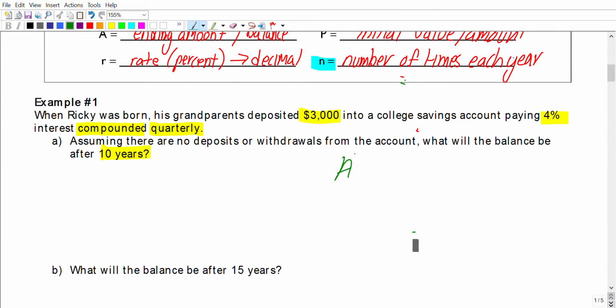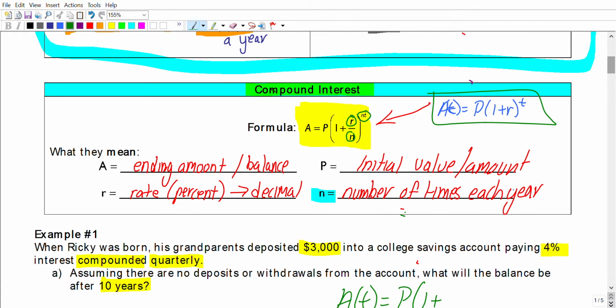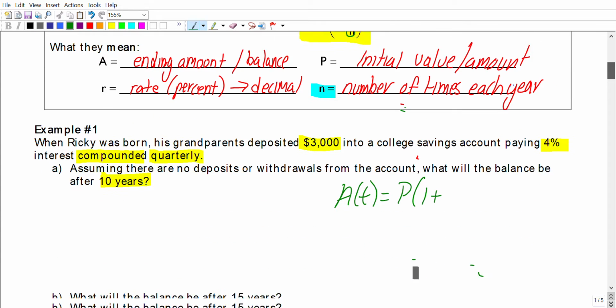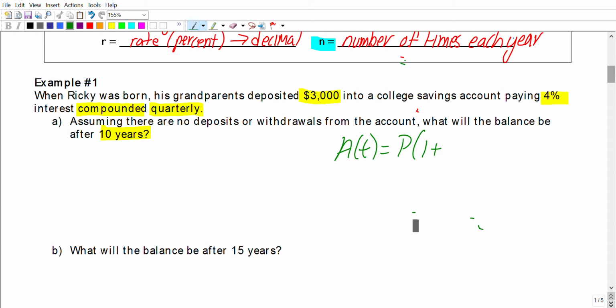So that's A of t equals P times 1 plus... remember guys, if you can't remember it, come right back up here, but remember our little trick here. It's runny nose needs tissue.